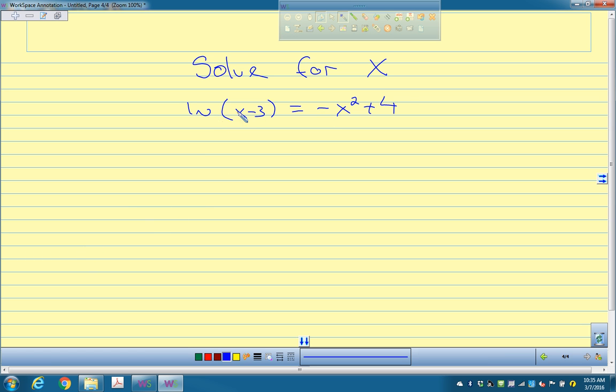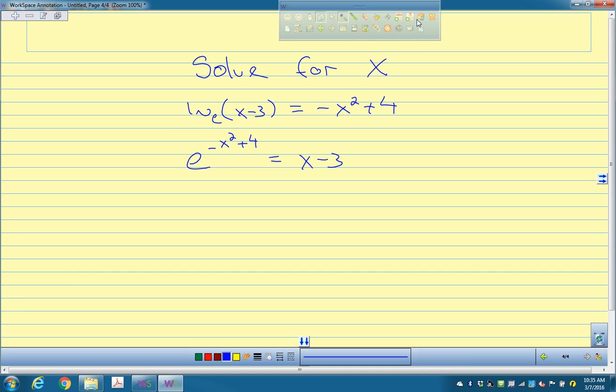If you try to rewrite it in exponential form, it's not going to do you any good, right? If you know that there's an e down here, you could say e to the negative x squared plus 4 equals x minus 3. There's really no way to solve this algebraically, okay?